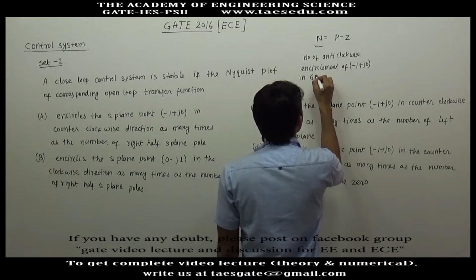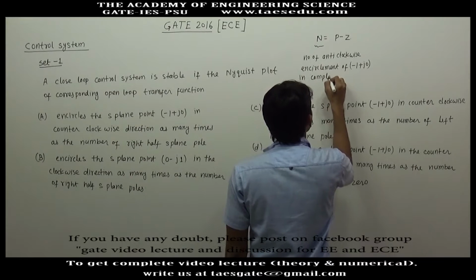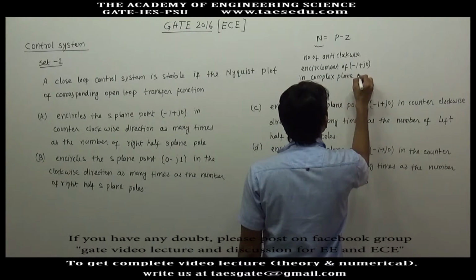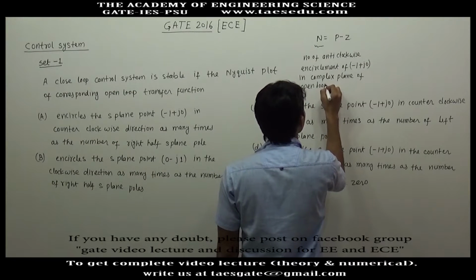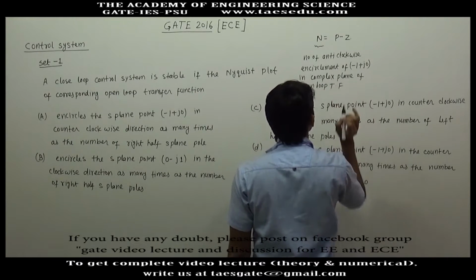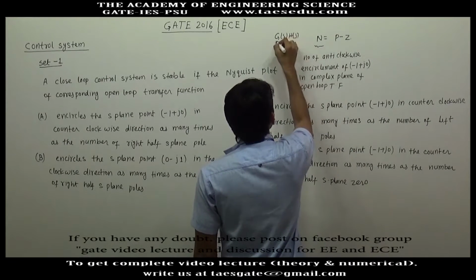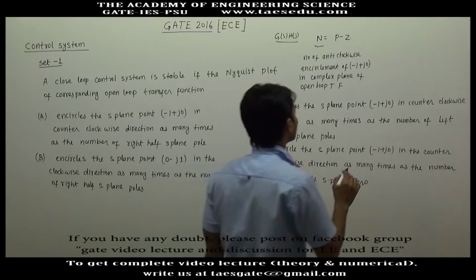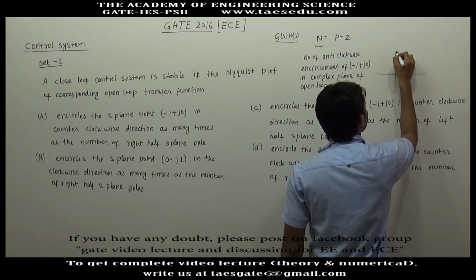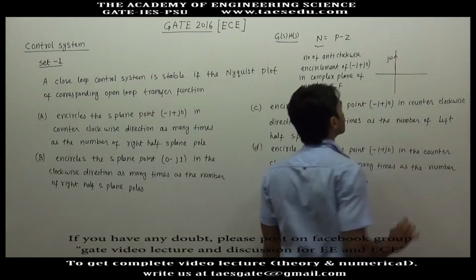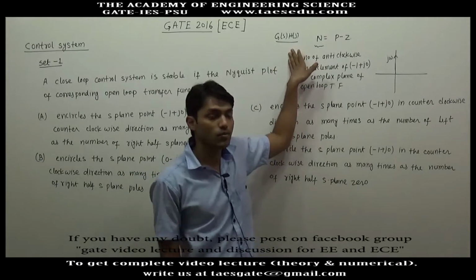in the complex plane of the open loop system, the open loop transfer function. So you have G(s)H(s). In the s plane we move from 0 to infinity on the j omega axis, and the corresponding plot we get in the G(s)H(s) plane is called polar plot.